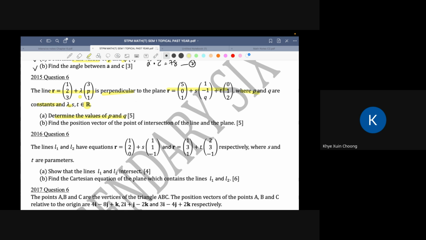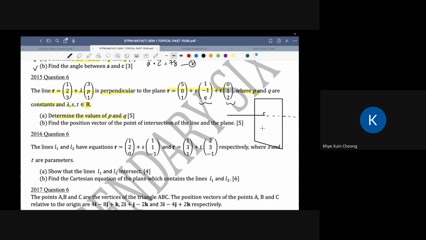You see, the line is perpendicular to the plane. So the plane should be something like this, then the line is perpendicular to it. Remember that the S and T over here are two direction vectors that lie on the plane.